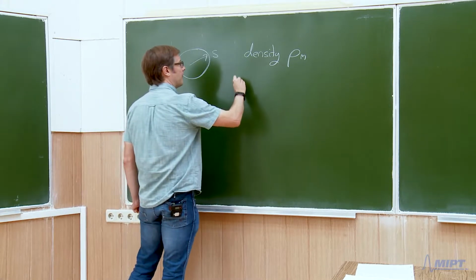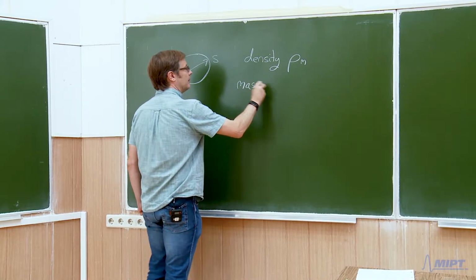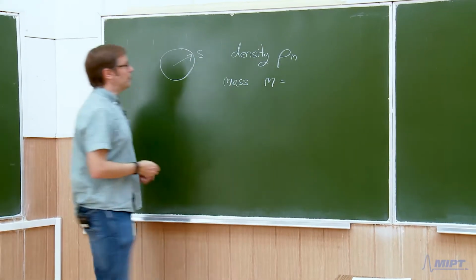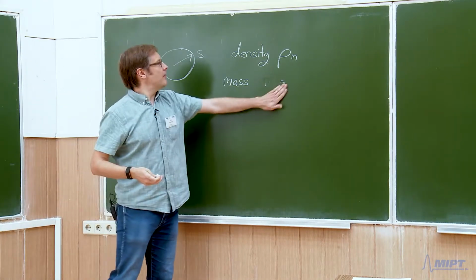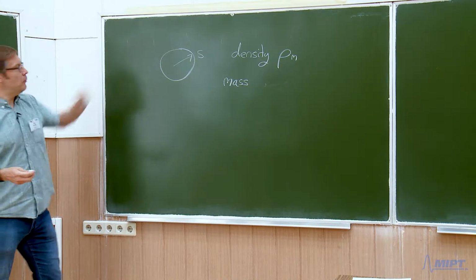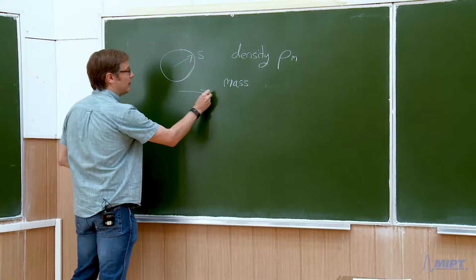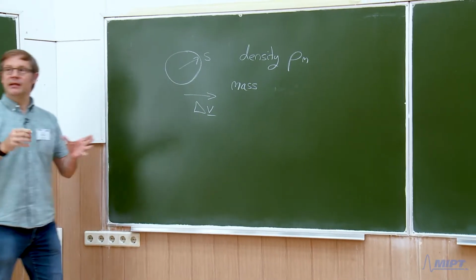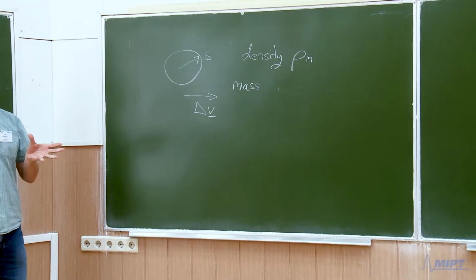And therefore it will have mass m, which will just be the normal expression. Okay. So we have a particle of particular density and a particular size. And it's interacting with the gas because it has some relative velocity, delta v, with respect to its local gas.